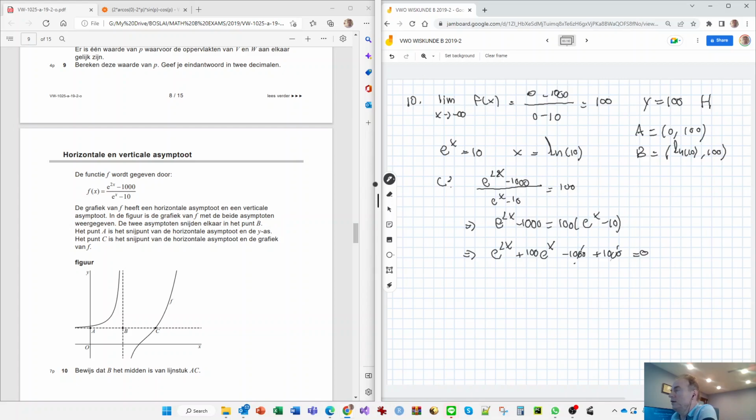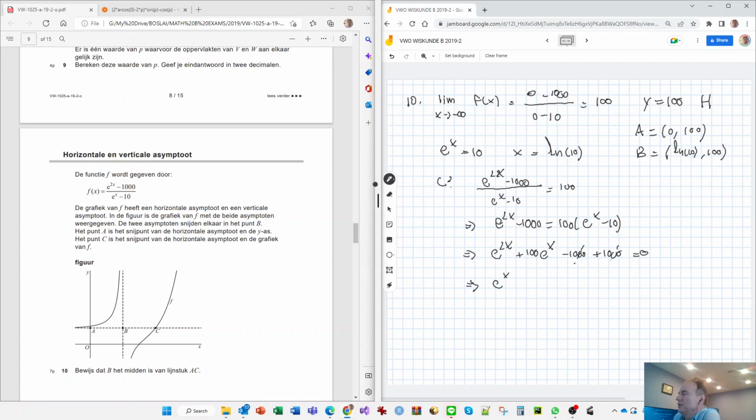and I saw something like this before. What you do here is define e to the power x as a u, and then you get u squared plus 100u, but you don't really need to do that.